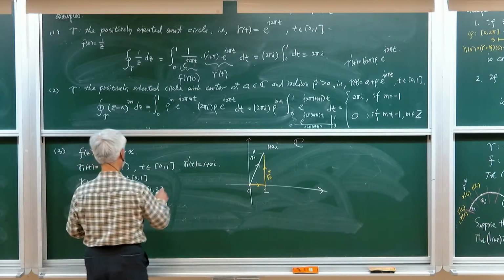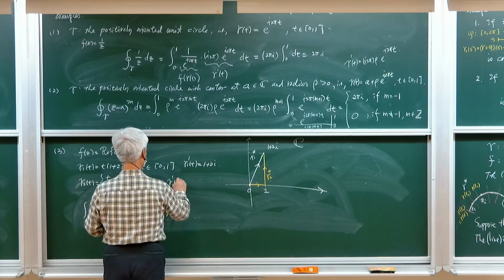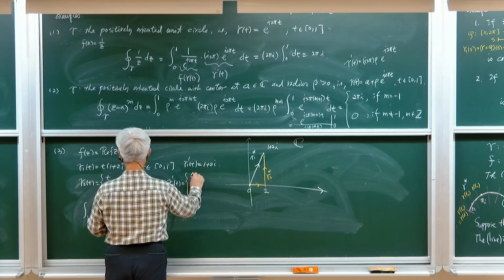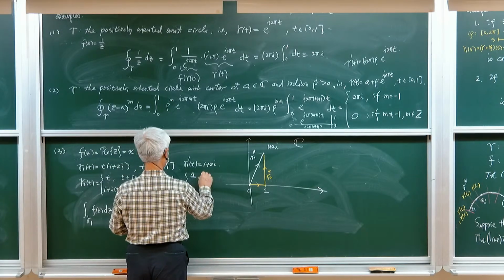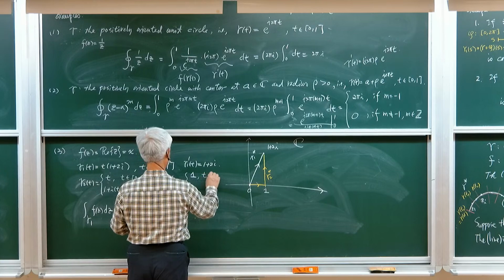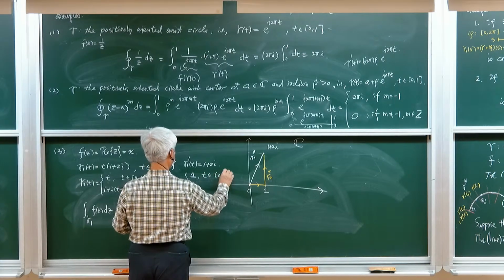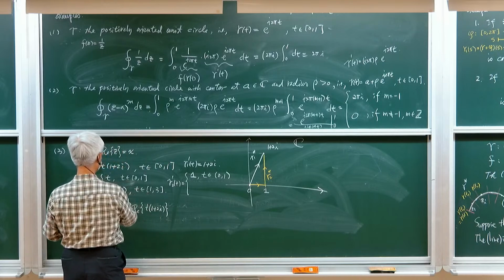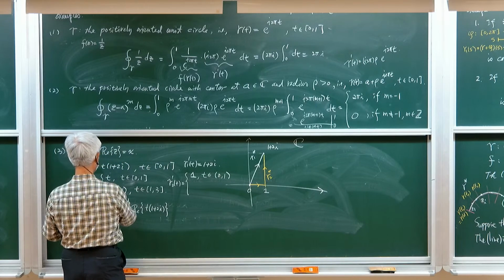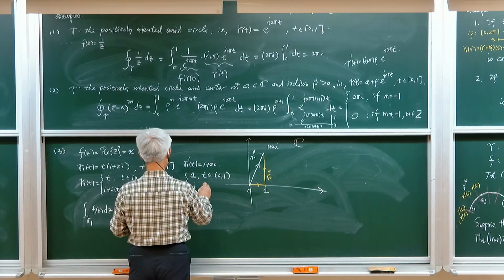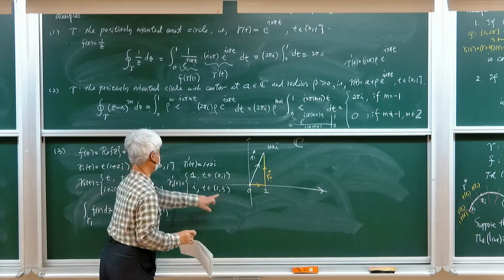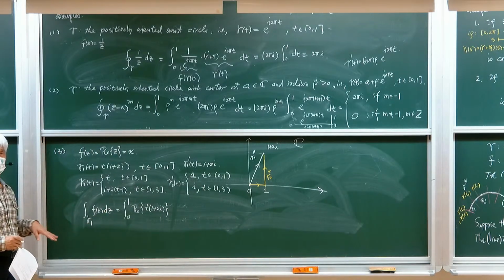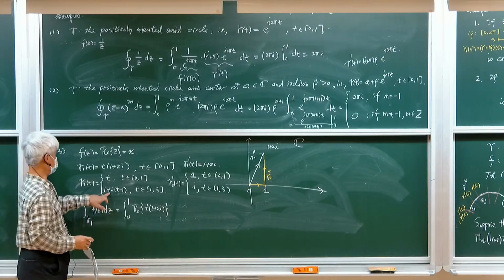So you see that gamma 2 prime t is equal to 1 for t in (0, 1). All right. And for here we have i for t in (1, 3). Okay, open interval here. So it's piecewise continuously differentiable.